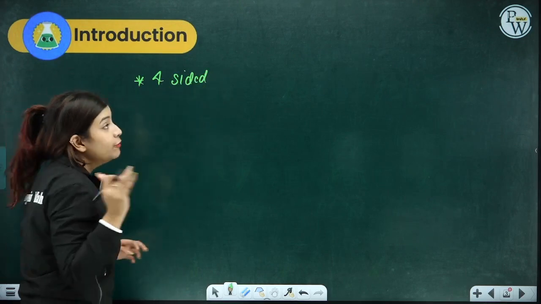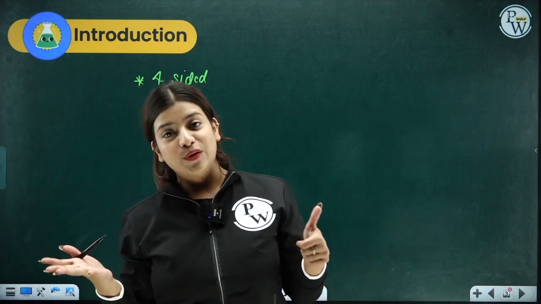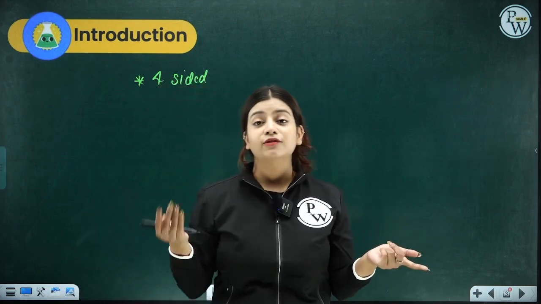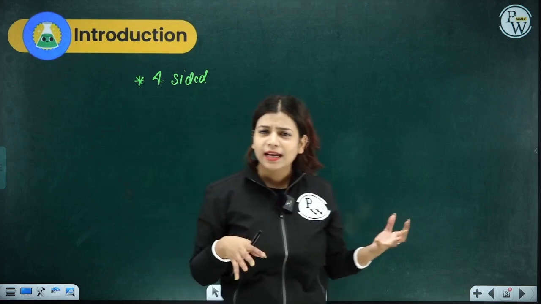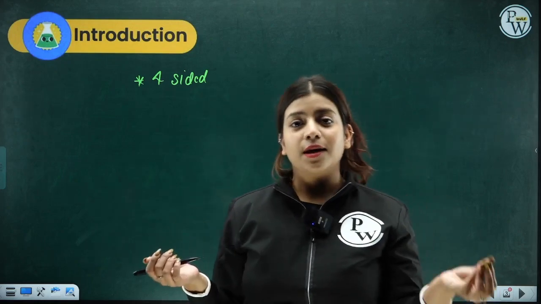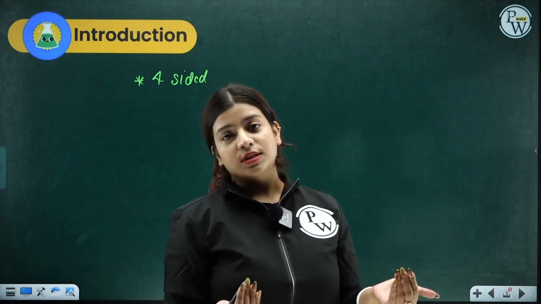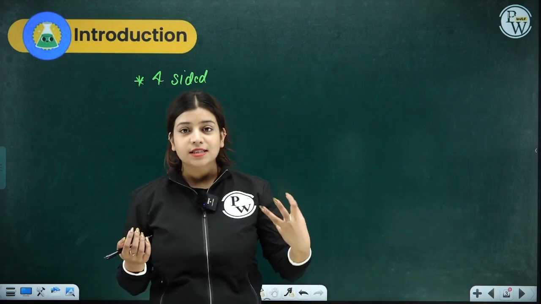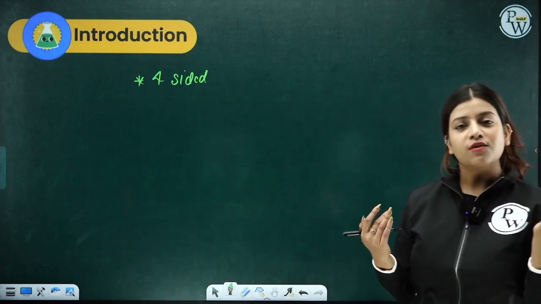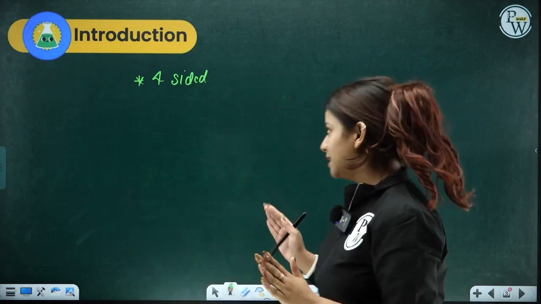Now, any four-sided figure includes a square because it has four sides. It includes your parallelogram, it has four sides. After that, it includes your rectangle, your trapezium, and all the other figures that comprise four sides. Along with these four sides, we have four angles, four vertices, four edges, and everything. Of course, a relationship between each and every one of them is going to be discussed in this video.